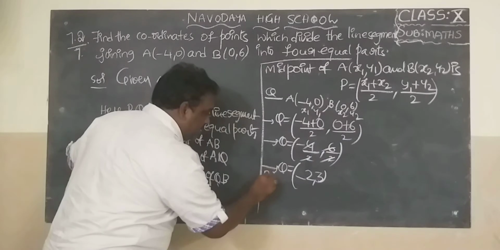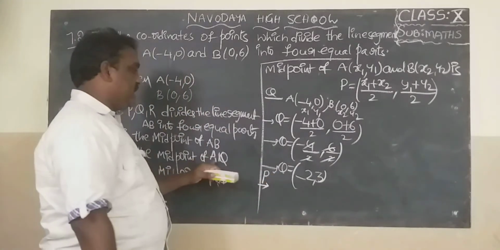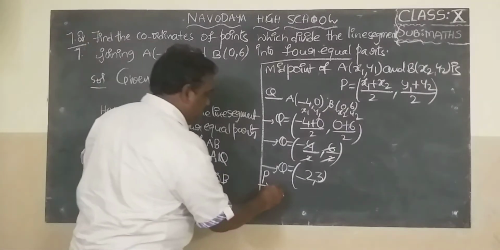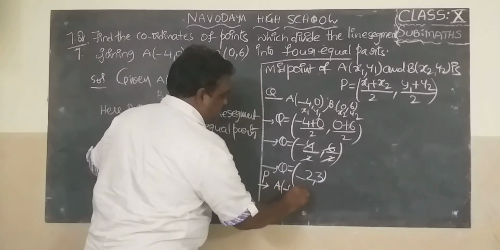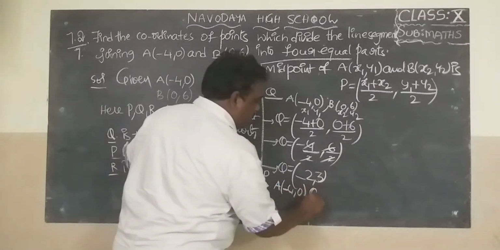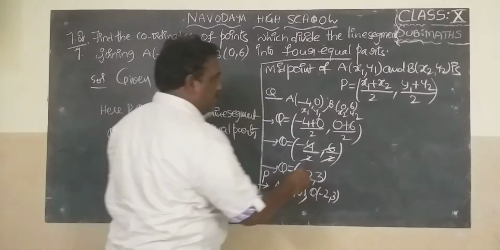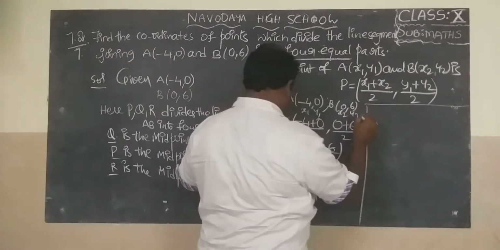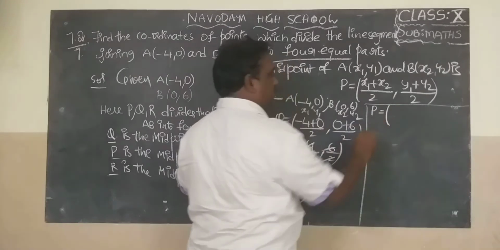So then P. P is the midpoint of AQ. What is A? Minus 4 comma 0. What is Q? Minus 2 comma 3. Then apply the formula again. P equal to substitute.